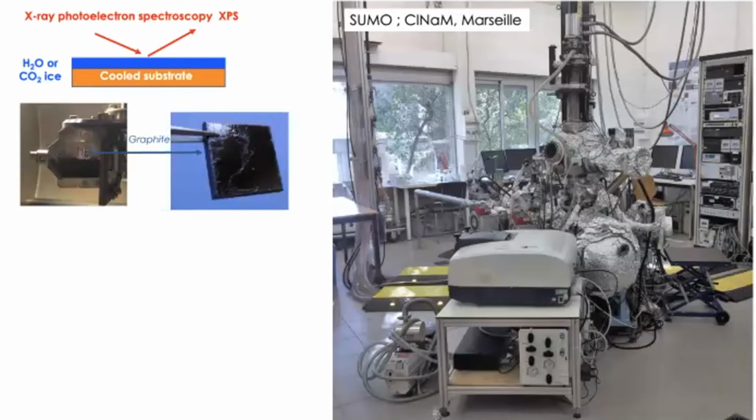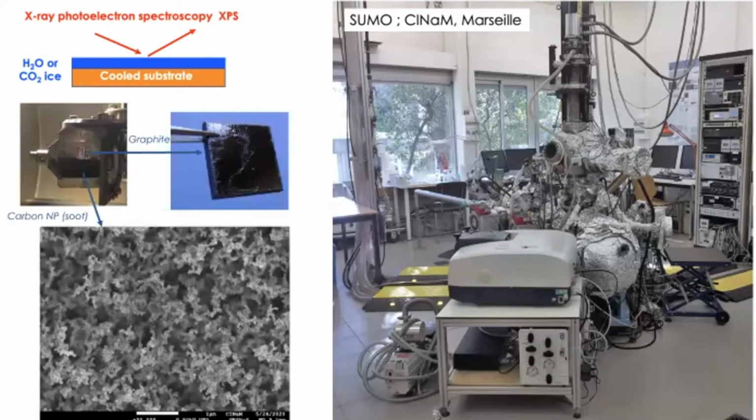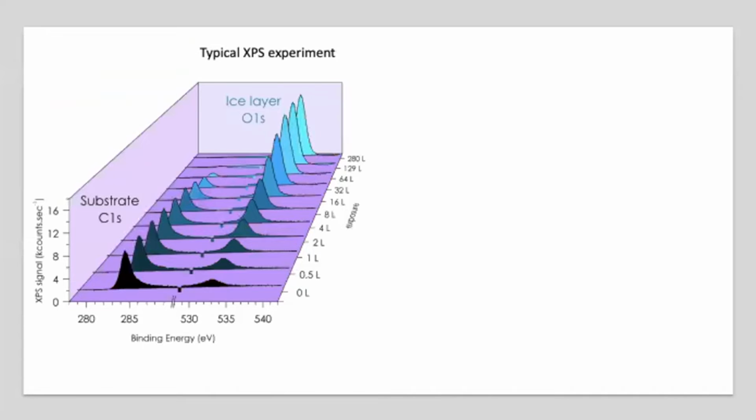A graphite plate in that case, along with a carbon nanoparticle film. They are also graphitic, but they are very small, 20 nanometers in size, as shown by this nice electron micrograph here, and you see that they make small aggregates, bigger aggregates of those nanoparticles.